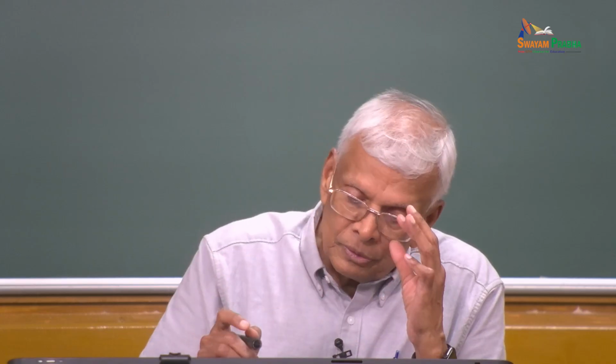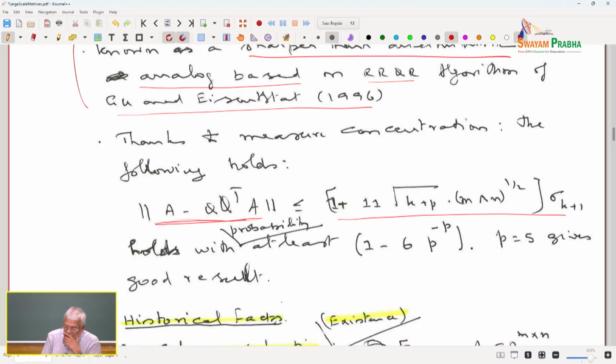So, that tells you then the probability that the norm of the error is less than this quantity is at least 1 minus 6 times p to the power of minus p.